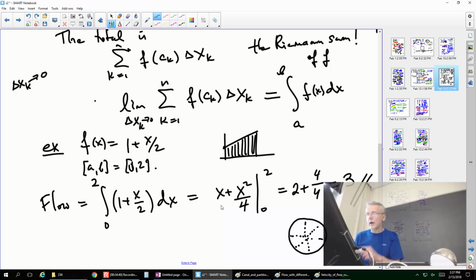Maybe very fast in the middle, and then slower and slower as you move towards the wall of the pipe, and then once again you'd end up simply integrating this function. Okay, so let's move on from this.